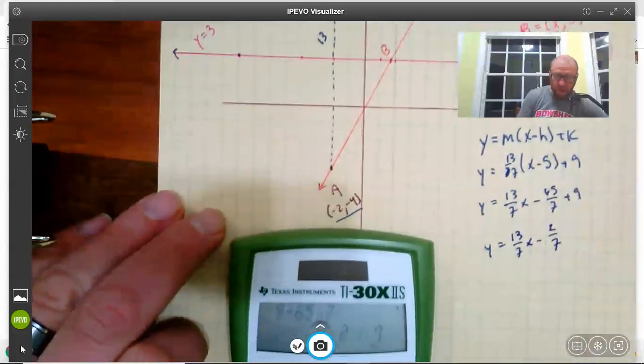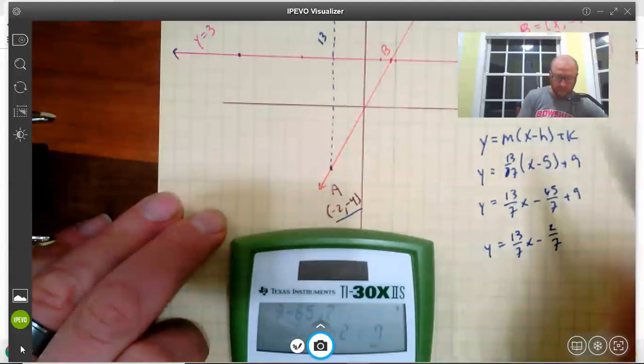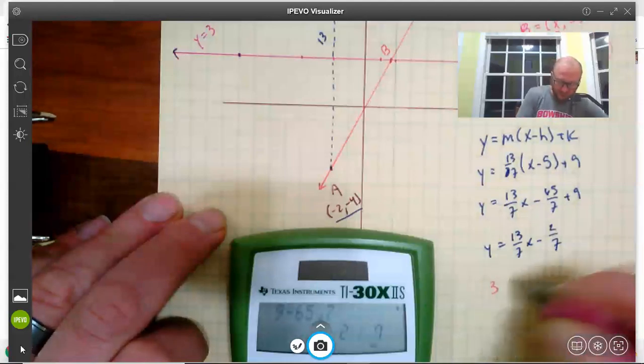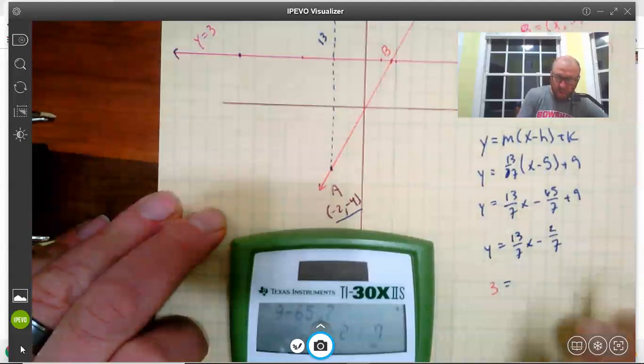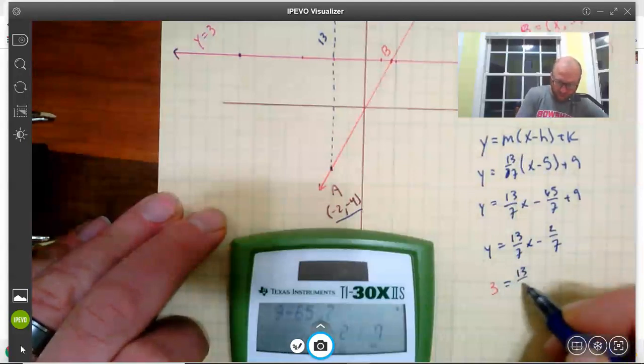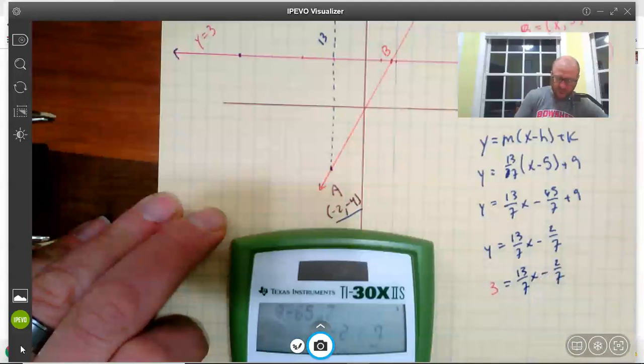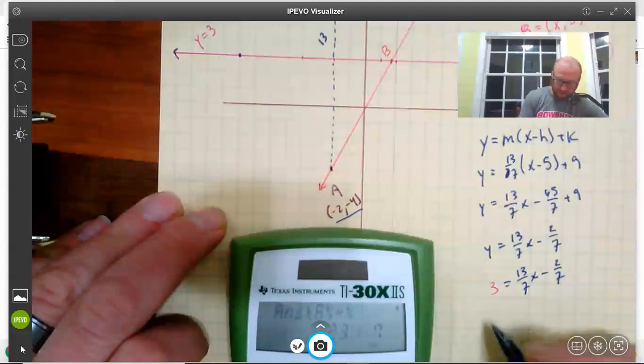And I plug in my value for y over here, which is 3. So 3 equals 13/7 x minus 2/7. I'm going to add 2/7 to each side. So 3 plus 2/7, but I kind of want that in improper fraction form. It's 23/7.